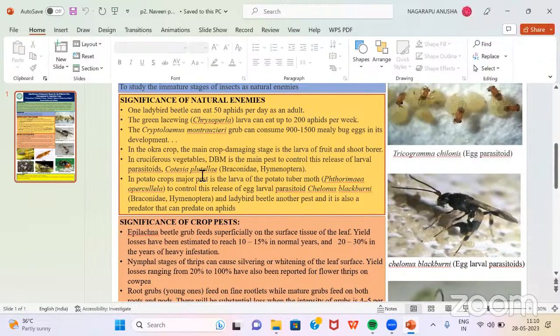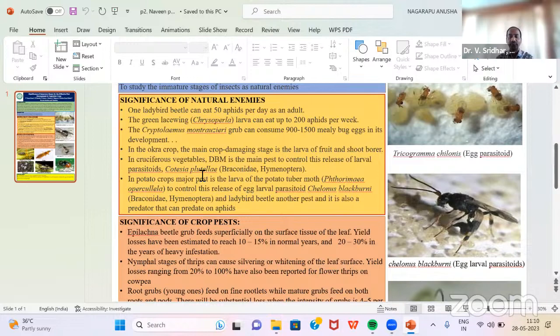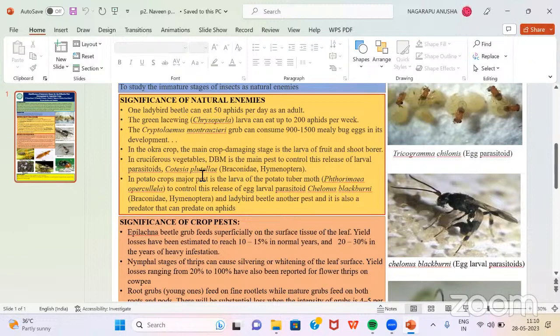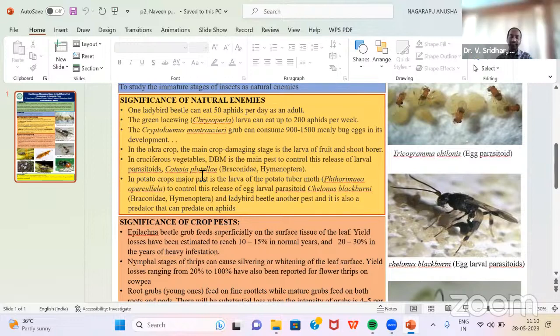Fruit and shoot borer, sir. Okay, next. Recollect whichever vegetables it can be useful for. Cabbage, brinjal, sir. And brinjal against? The same, fruit and shoot borer. There a clear-cut recommendation already exists. It can be used.